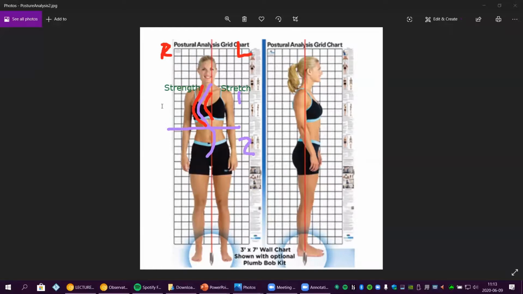So same idea here, and there are a couple of things we can do with this specific patient. I'm going to erase my red marks here, right? We can do something as simple as having her lay on a foam roller right at that curve. By laying on a foam roller at that curve, that's going to force this curve to stretch out, and it'll stretch that side, right?